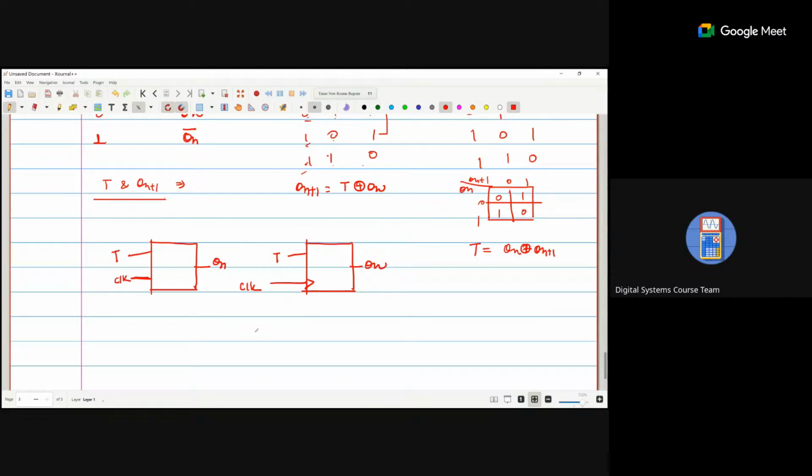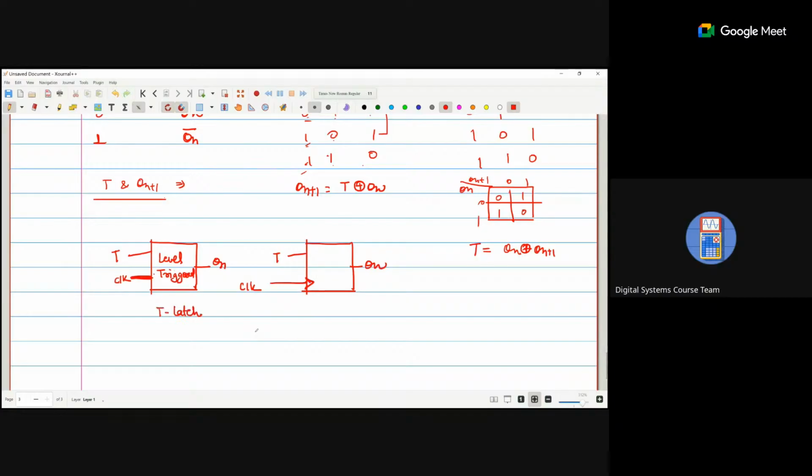This is the difference between the two. This particular one is the level trigger. A simple straight line is called the level trigger. So that means this is the T latch.